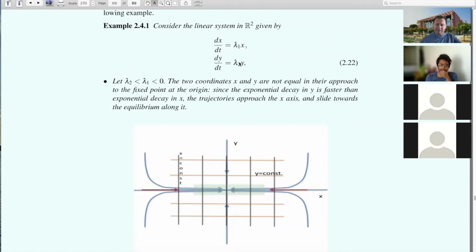But e to the minus t, well, that's not very close to 0, right? So in X, you're going to have some ways to go, but it's basically going to be sliding along Y equal to 0. And so for a sufficiently long time, you enter this box close to the origin in this situation, where the dynamics is practically one-dimensional and given by this equation.